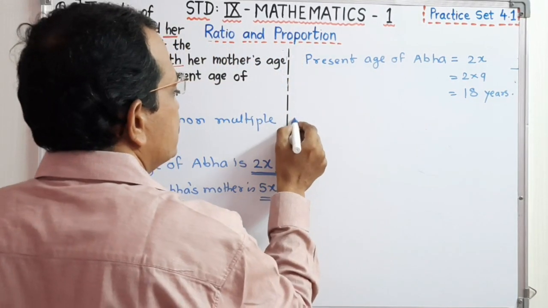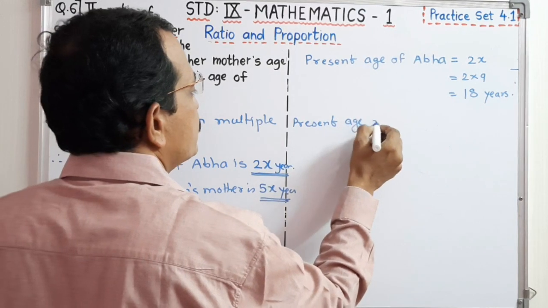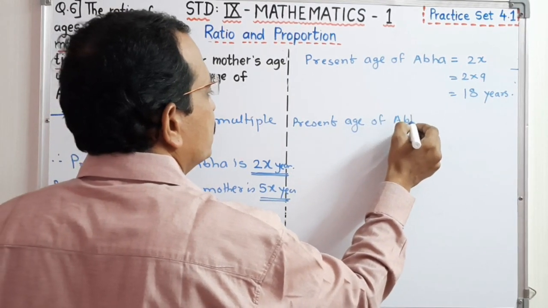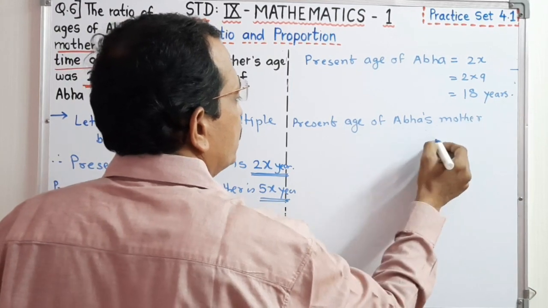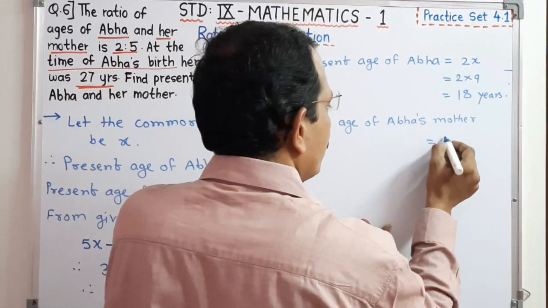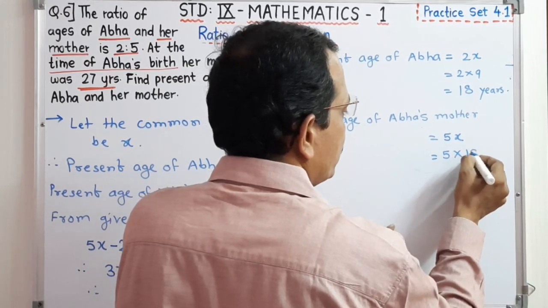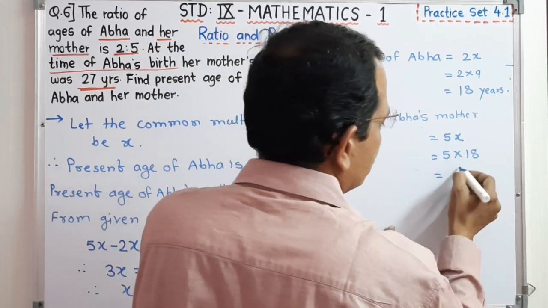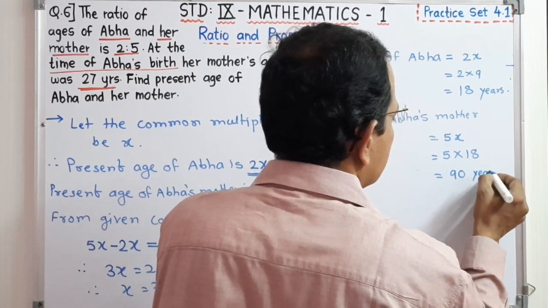And present age of Abba's mother is equal to how much? 5x. It is 5 into 9.